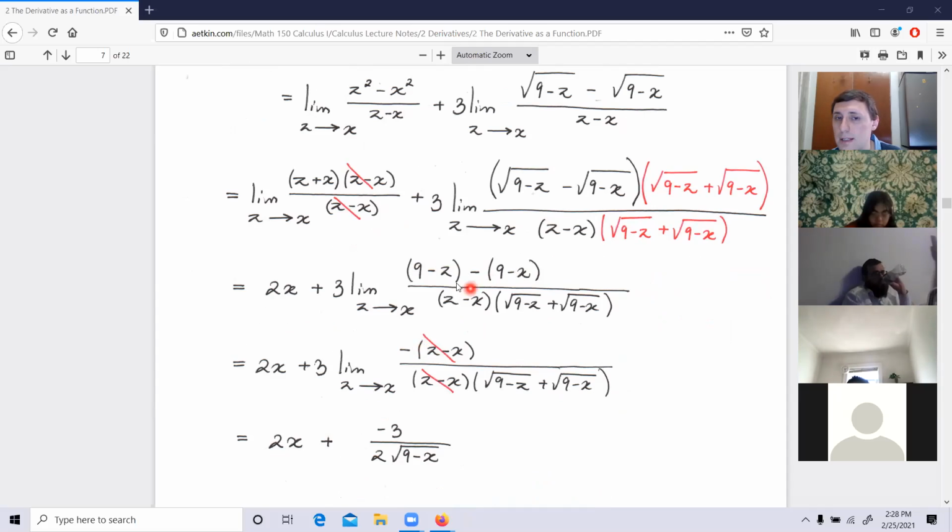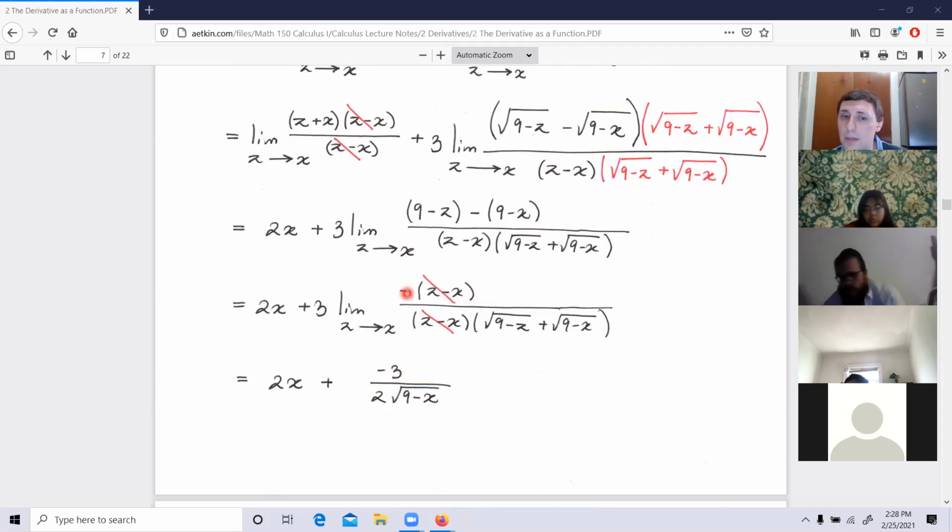Minus Z minus X is minus Z plus X. Factor the negative 1, and you have minus 1 there. Don't forget the 3 in front of the limit. Now push the limit. You will get 2 root 9 minus X, because this Z will become X. Guys, are you with me?